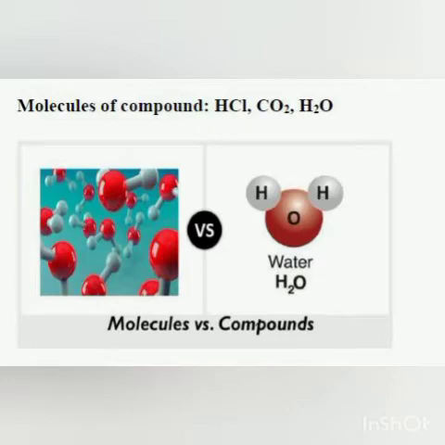For example, first take the example of hydrochloric acid, HCl, or hydrogen chloride. It is a compound, because here a hydrogen atom of the hydrogen element and a chlorine atom of the chlorine element have joined together. They have chemically combined to form a particle which is bigger than the hydrogen and chlorine atoms, called a molecule.